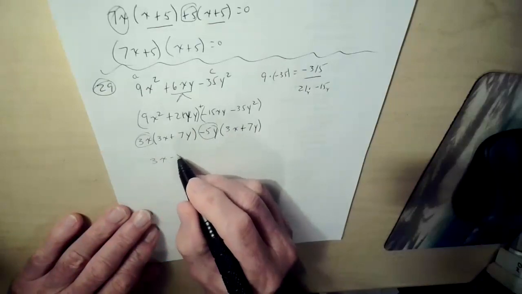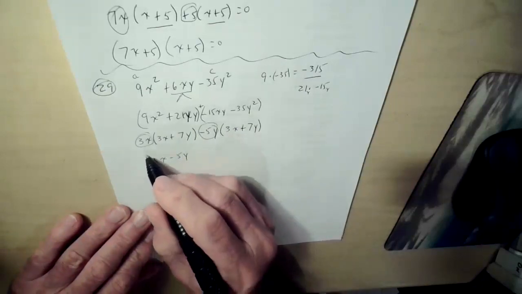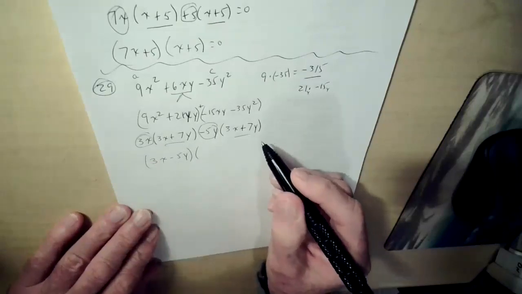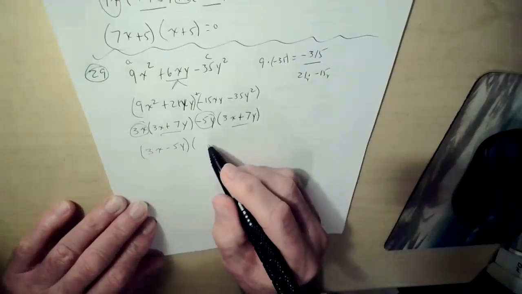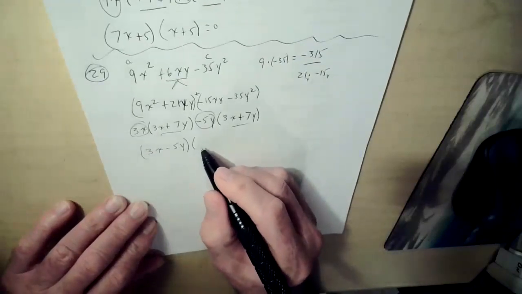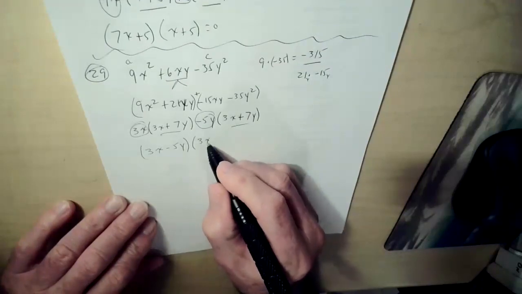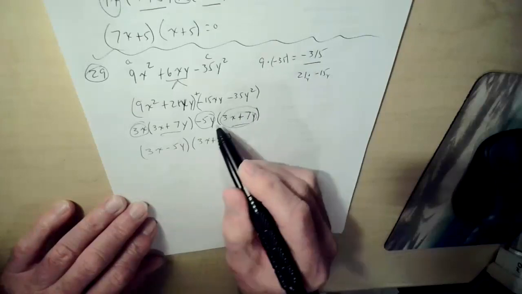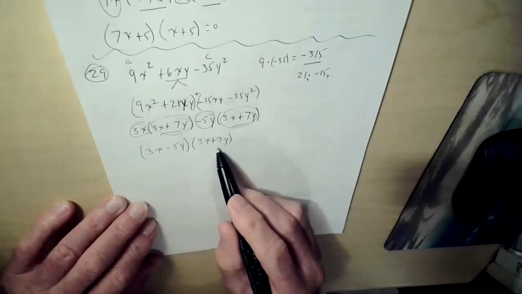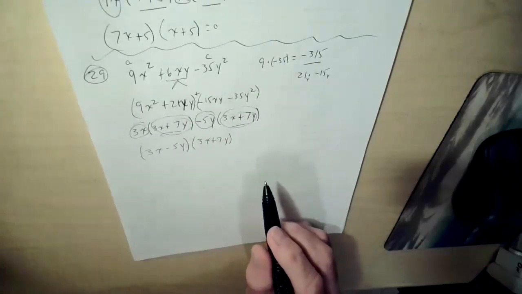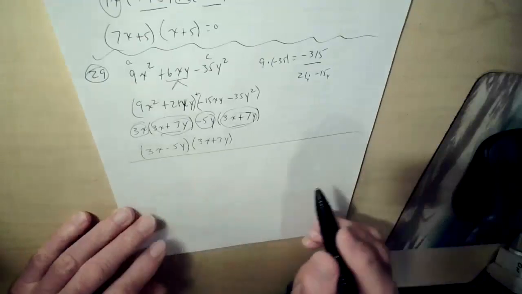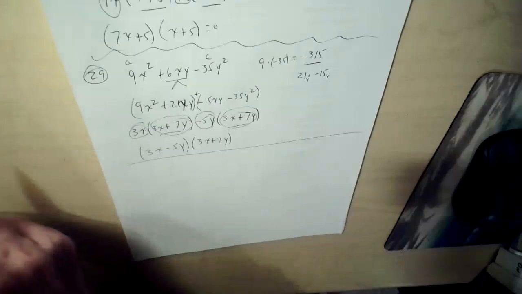That's right. So we do this one and this one. Oh, and these two terms were the same, so we're correct. And then where are we? 3x plus 7y. And remember, we have two of these terms, but we only use one of them.